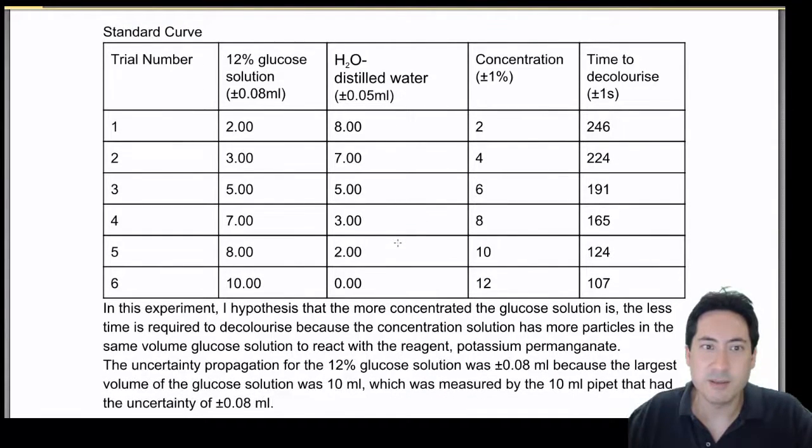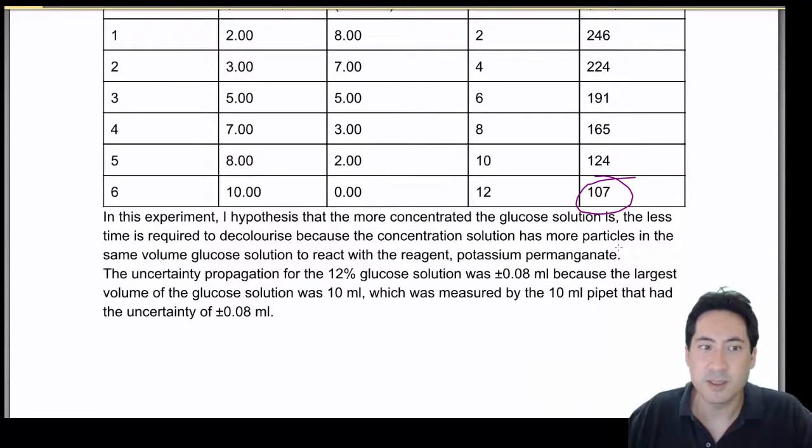And so that's time to decolorize, and as it's getting more and more concentrated, it's taking. Alright, so if it's really concentrated, it's not taking much time to decolorize. That's a little strange.